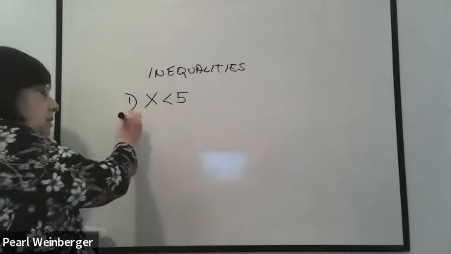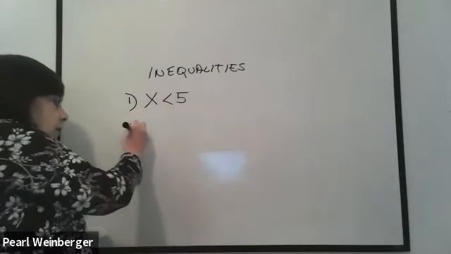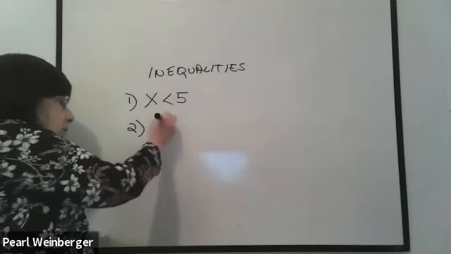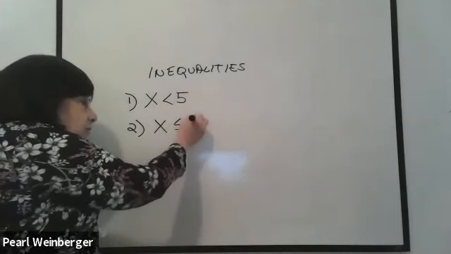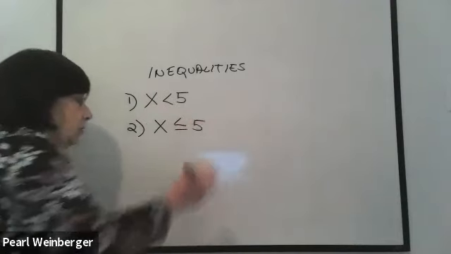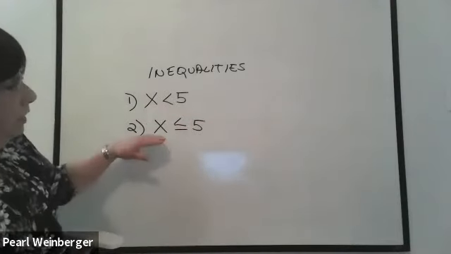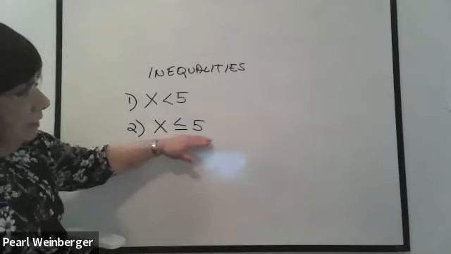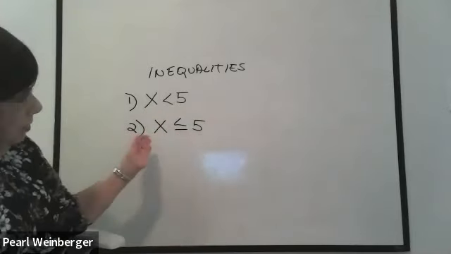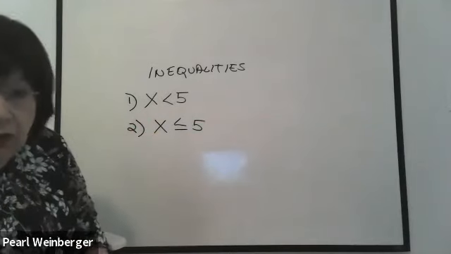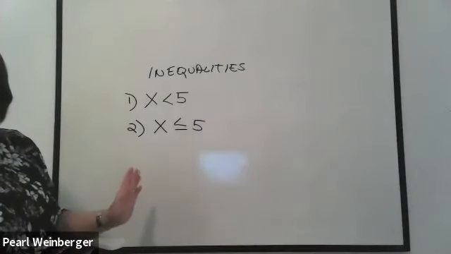A second inequality that we sometimes write is x, it's also a less than, but it says less than or equal to 5. This is read x is less than or equal to 5, which means that the number we're talking about, the x, the number we don't know, has to be either equal to 5 itself or smaller than 5.